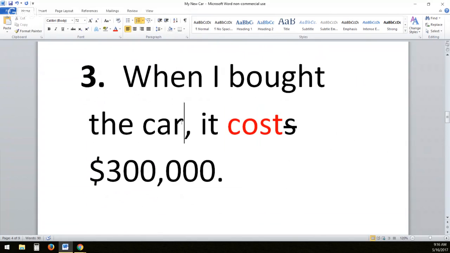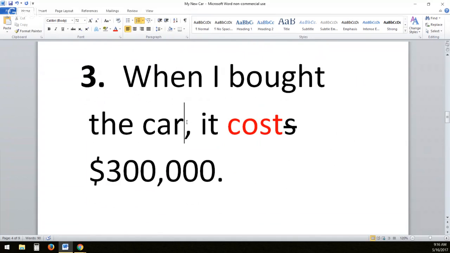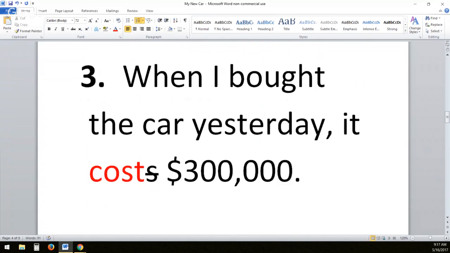Well, here we need to use the past tense because I said I bought a new car yesterday. It's in the past, so we need to talk about this in the past. When I bought the car, maybe we can even add here yesterday. When I bought the car yesterday, it cost.